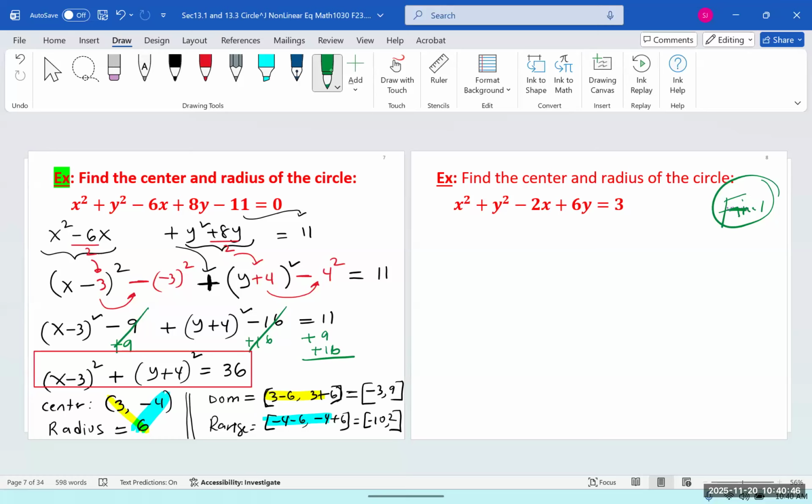First, you're going to convert into standard form, so complete the square.